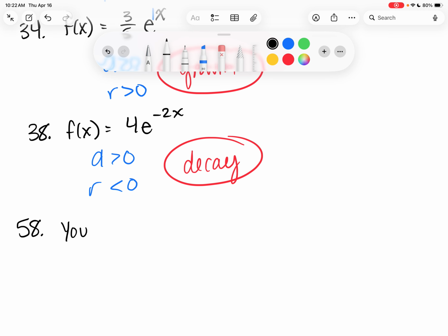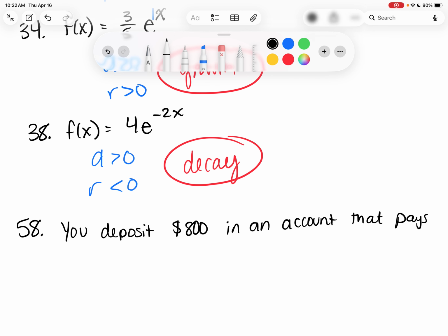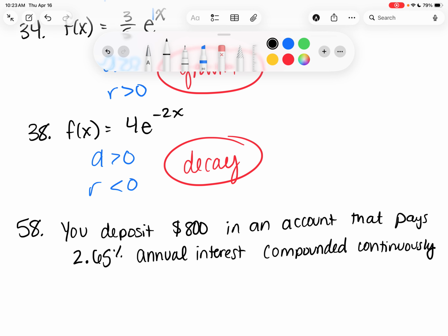You deposit $800 in an account that pays 2.65% annual interest, compounded continuously. What is the balance after 12.5 years?